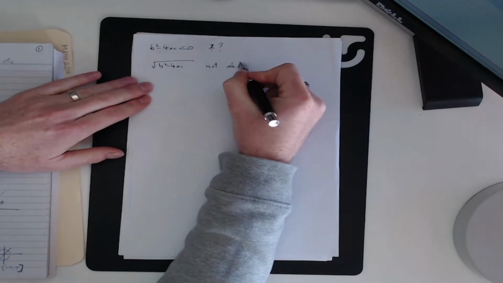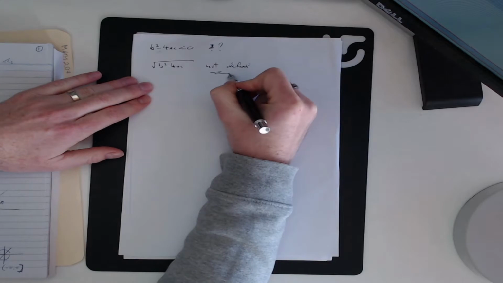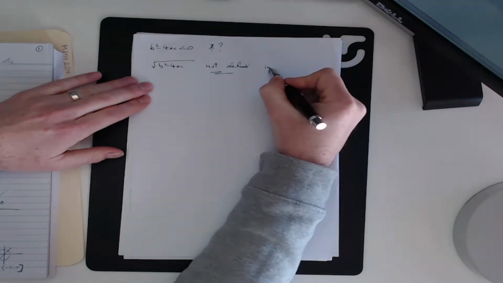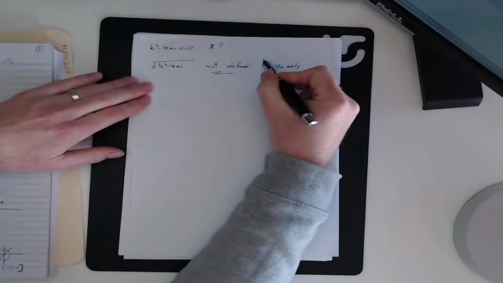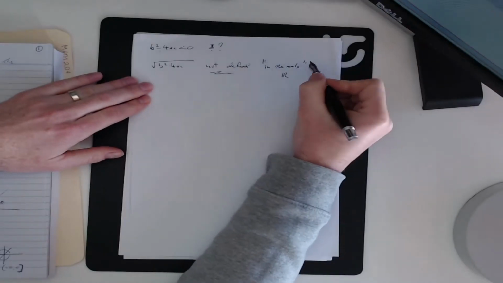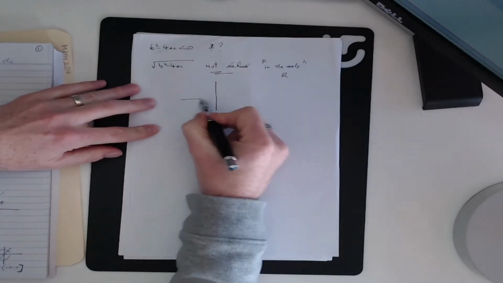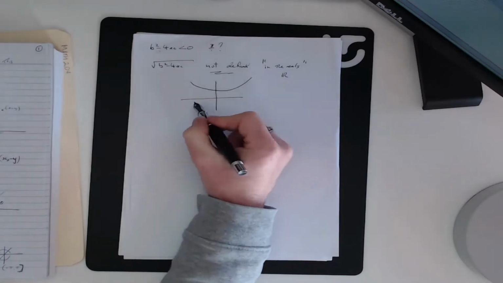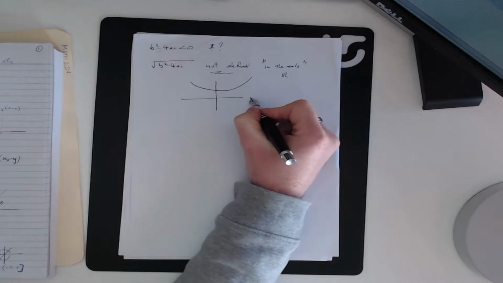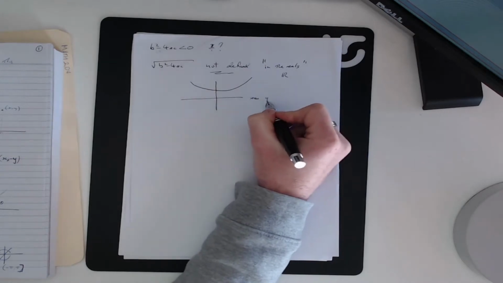Not defined in the reals. Yeah, so here the parabola looks something like this. No roots, because you don't cross the y equals 0 axis.